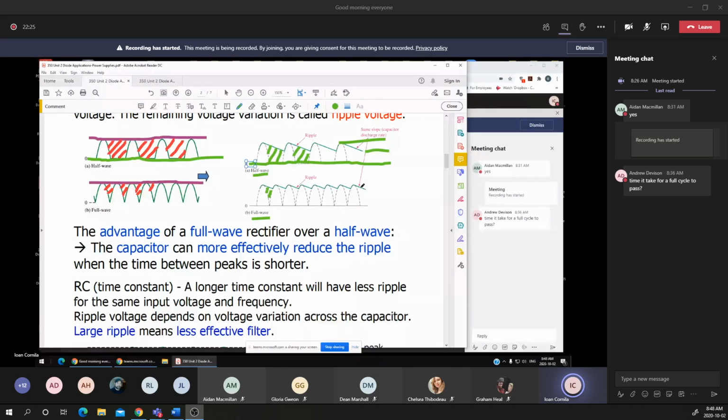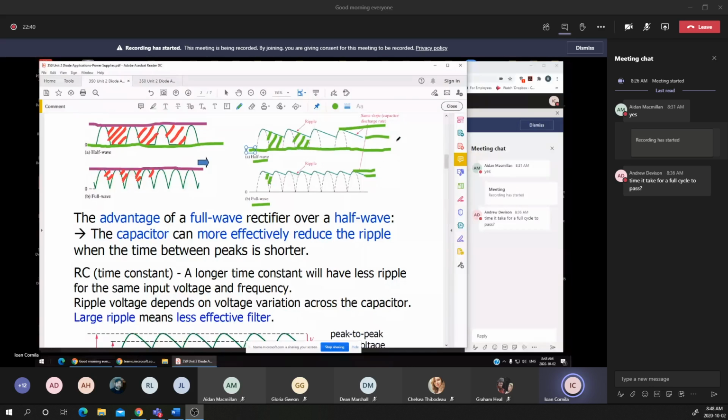It means that for the same capacitor and the same resistor, the ripple on the full wave rectifier is much smaller than the ripple on the half wave rectifier. So for the purpose of reducing or smoothing the output voltage, the full wave rectifier is much better in terms of efficiency compared with the half wave rectifier.